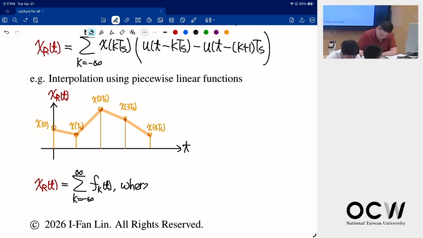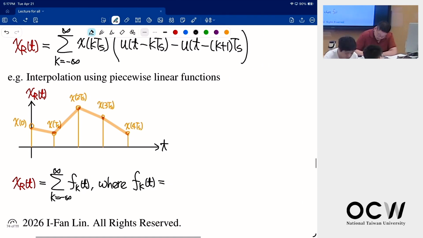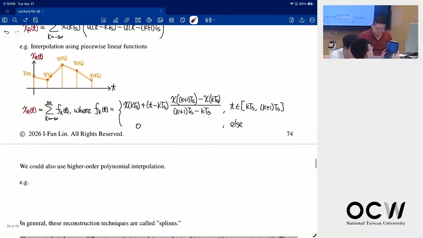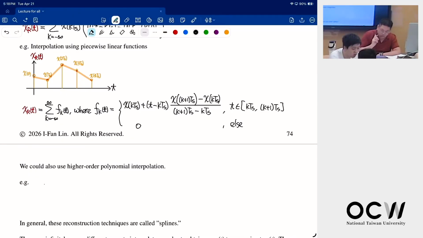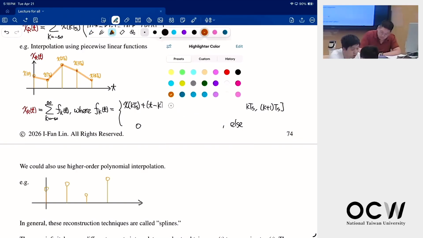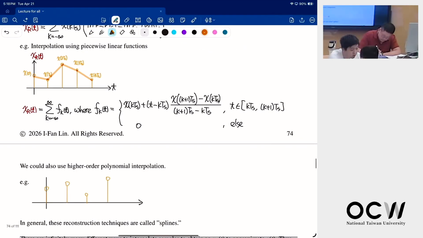The function is given piecewise. Or another way, we can do a high order polynomial interpolation, which means the high order, so it'll be curved.